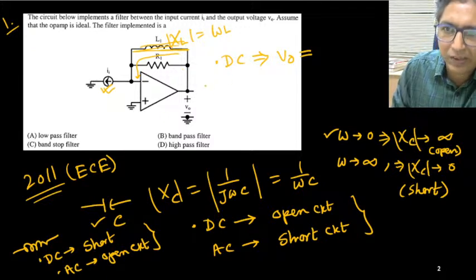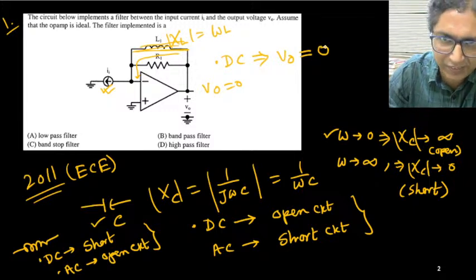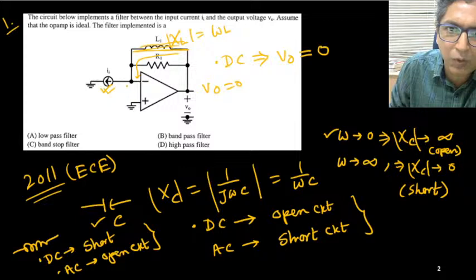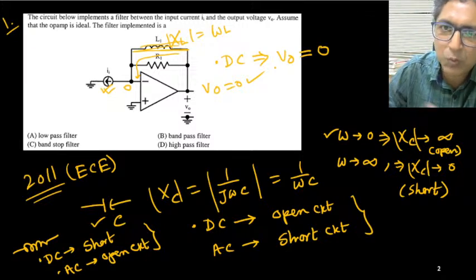So output voltage will be simply 0. Is it fine? Because inductor is behaving as short circuit, it is shorted to ground. This is ground, virtually connected ground. So this output is also grounded. So output is 0. So for low frequency, output is 0.